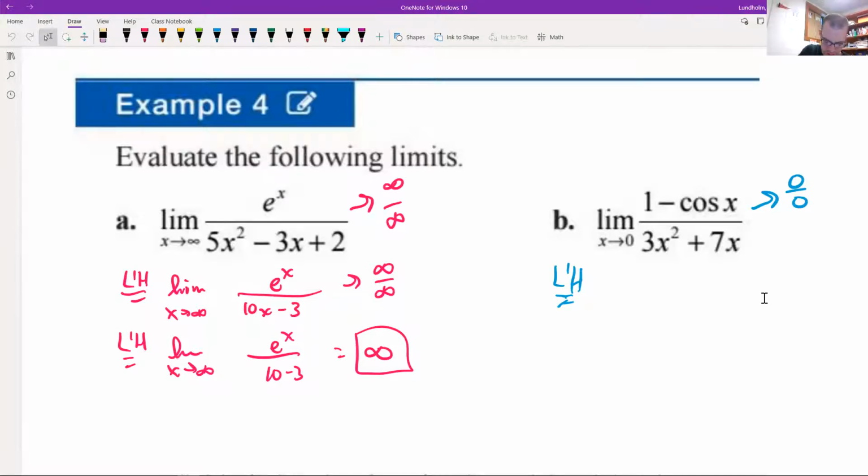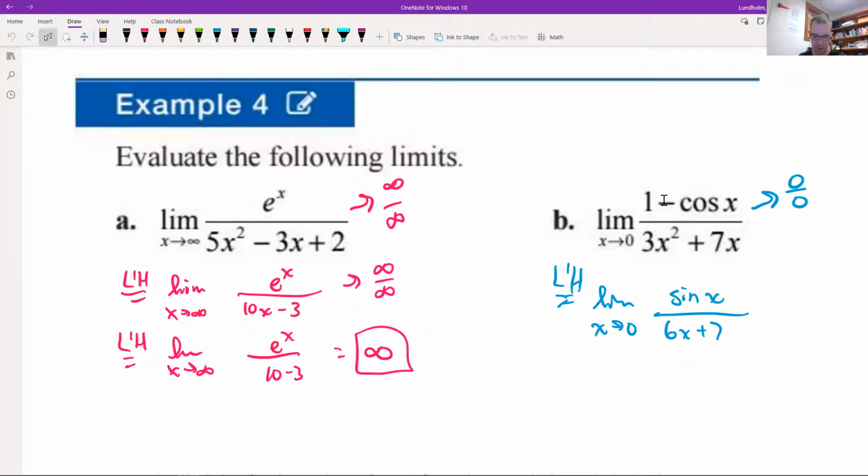The limit as x goes to 0 of, taking the derivative of negative cosine gives us a positive sine, and on the bottom we would get 6x plus 7.